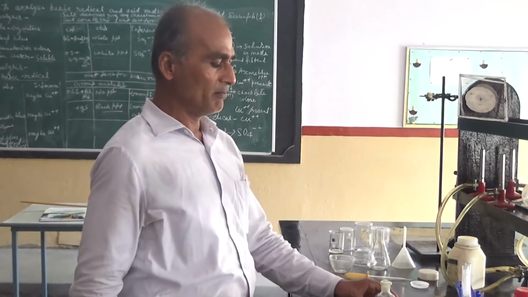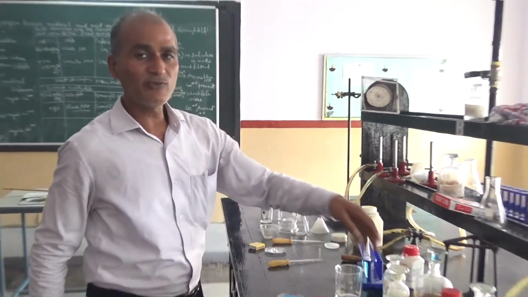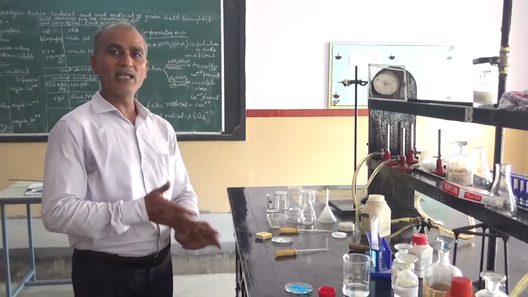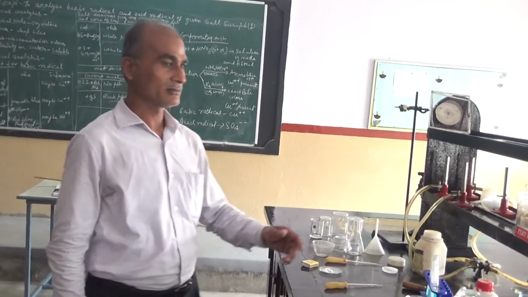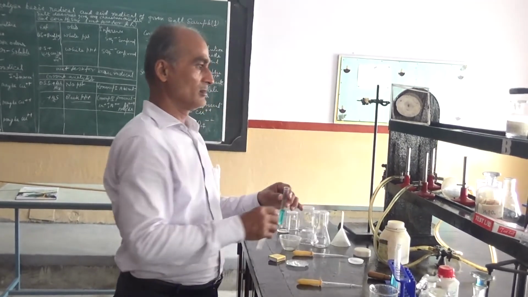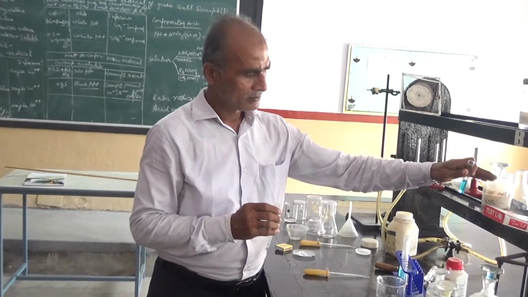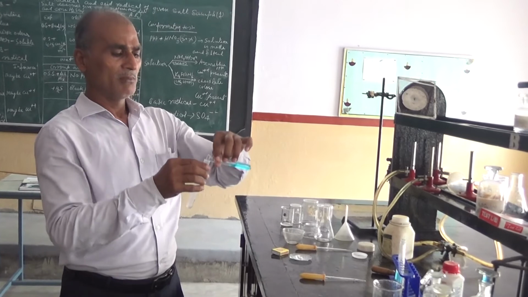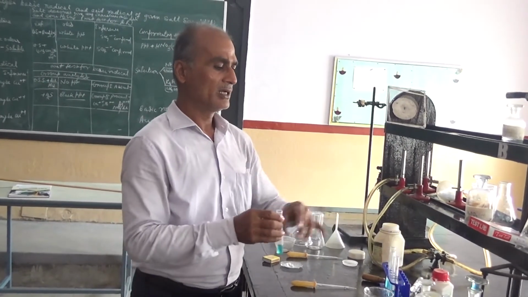Now we will do the wet test for the basic radical. For this we will do first the group analysis, and in group analysis our group 1 reagent is dilute HCl. We will take the salt solution and add dilute HCl.